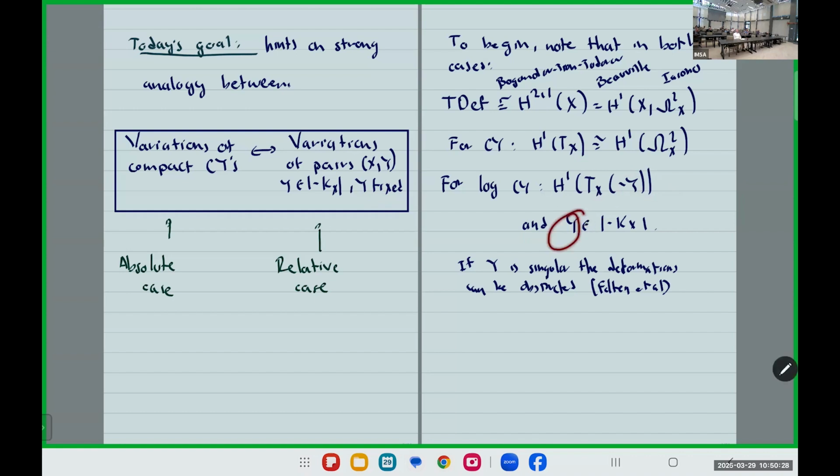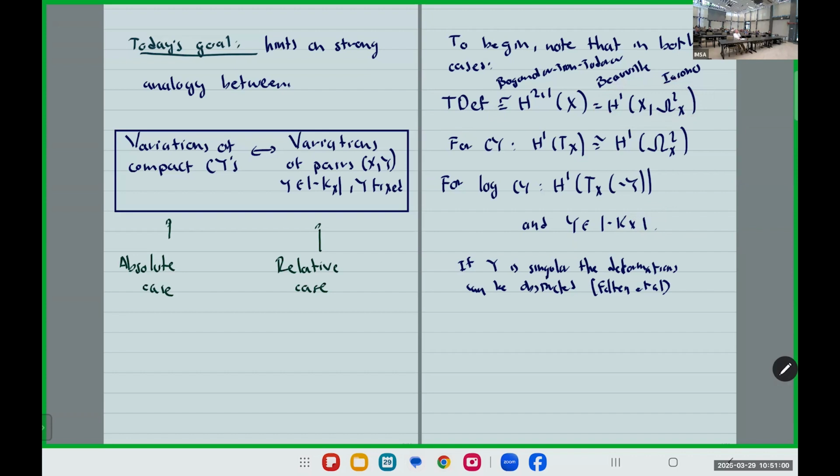Now we are using that Y is in this minus K_X. We have an isomorphism like this. I'm using the notation here for a value, and this X should be X bar. So this is the first analogy that we have between the absolute case and the relative case. The tangent space to the deformation can be seen to be this group.